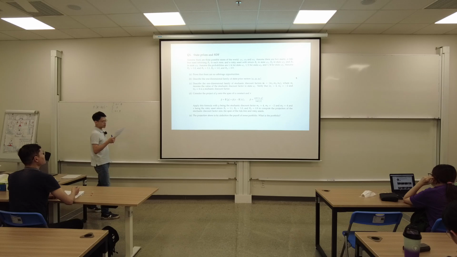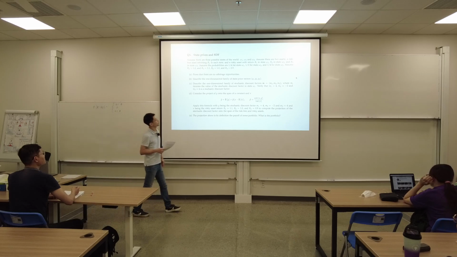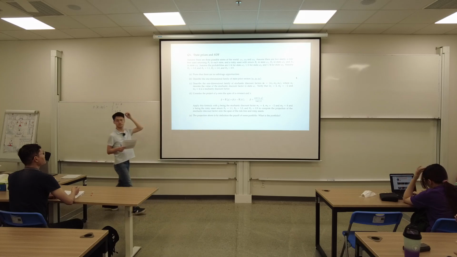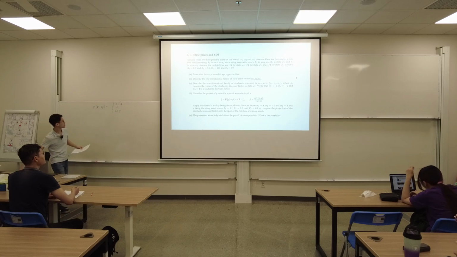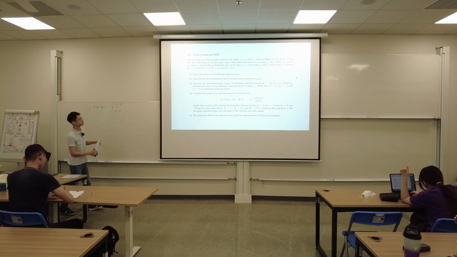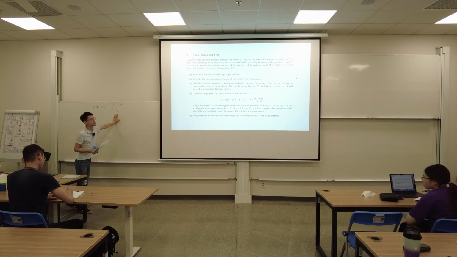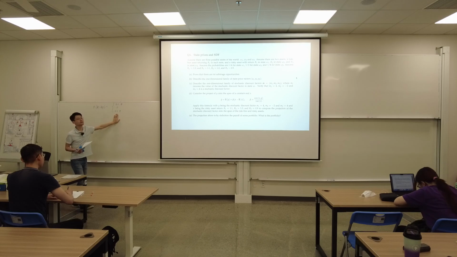Second, describe the one-dimensional family of state price factors. So we want to find the state price. How do we find the state price? First of all, what do we know about this economy? We know that there is no arbitrage, which means that there exists a positive SDF.